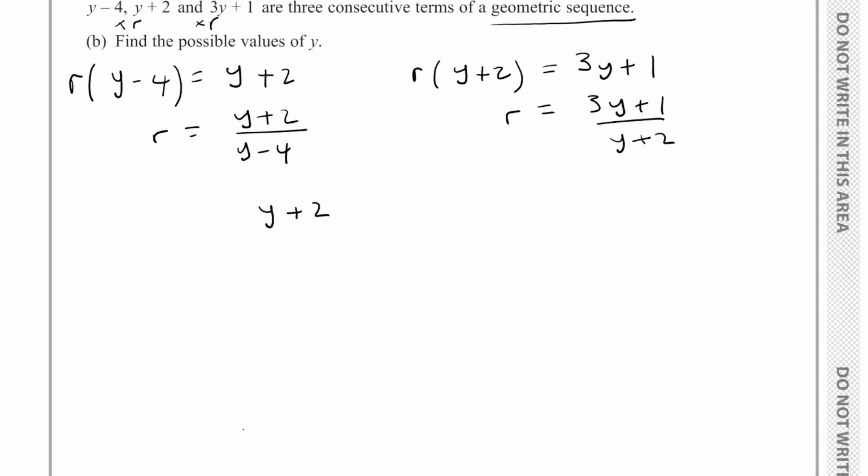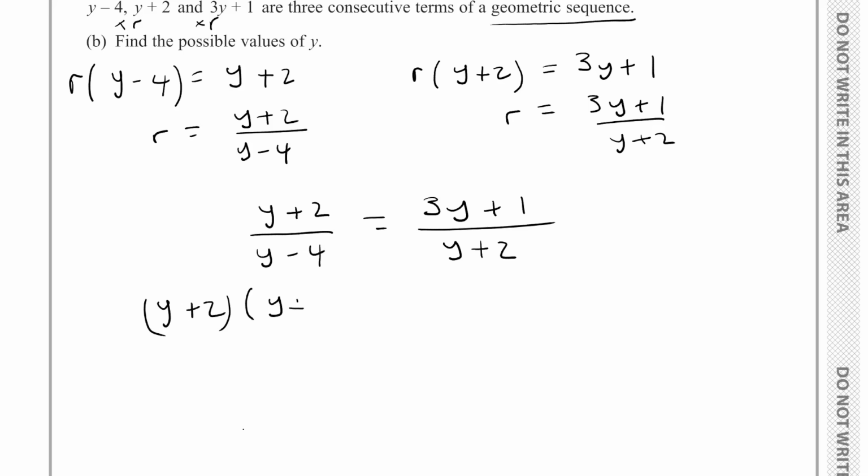So y plus 2 divided by y minus 4 must be equal to 3y plus 1 over y plus 2. I now need to solve this equation, so I'm going to get rid of the fractions by timesing. So times both sides by y plus 2, and times both sides by y minus 4. So I've got rid of the fractions.